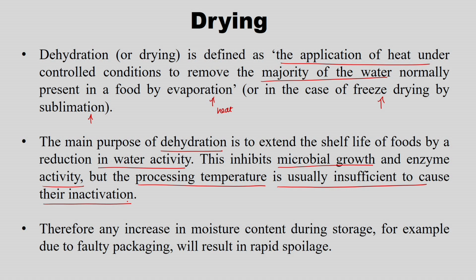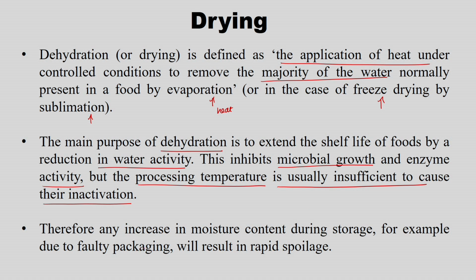This is another important thing to remember. By drying, we are just reducing microbial growth or enzyme activity, but we are not killing any microorganism because the processing temperature applied in drying is not sufficient to inactivate the microorganisms.